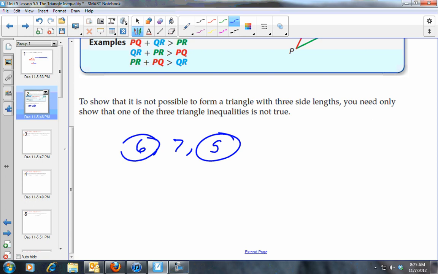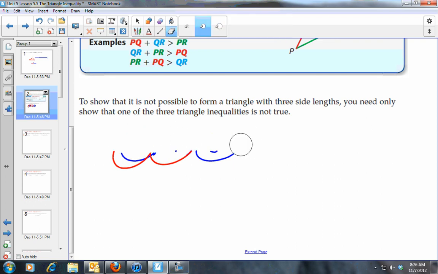As long as the sum of the two shortest is greater than the longest, it's going to work. Because as long as 6 plus 5 is greater than 7, I know that 6 plus 7 is greater than 5. Okay? So as a practical matter, we check to make sure that the sum of the two shortest is greater than the longest. Okay?